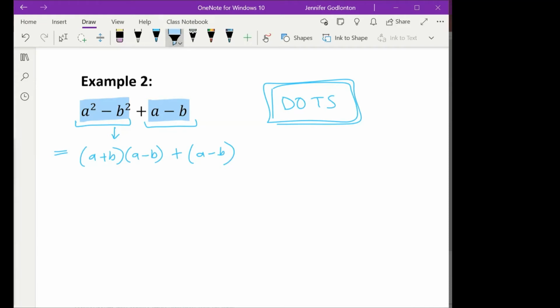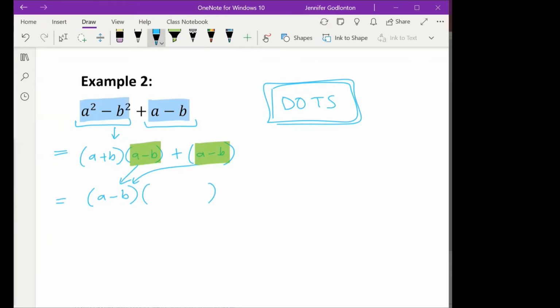Okay, beautiful. Next step. Then, ma'am, I got A minus B as my common bracket. Good. And then I was left with A plus B. Oh, so close. So close. Who can help here? What's going to be in my second bracket?